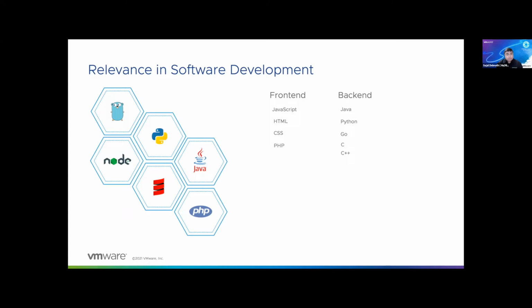But then with modern developments, with containerized applications, with multiple smaller fragments or microservices in a single application, we have the ability to develop different parts of that same application using different languages.